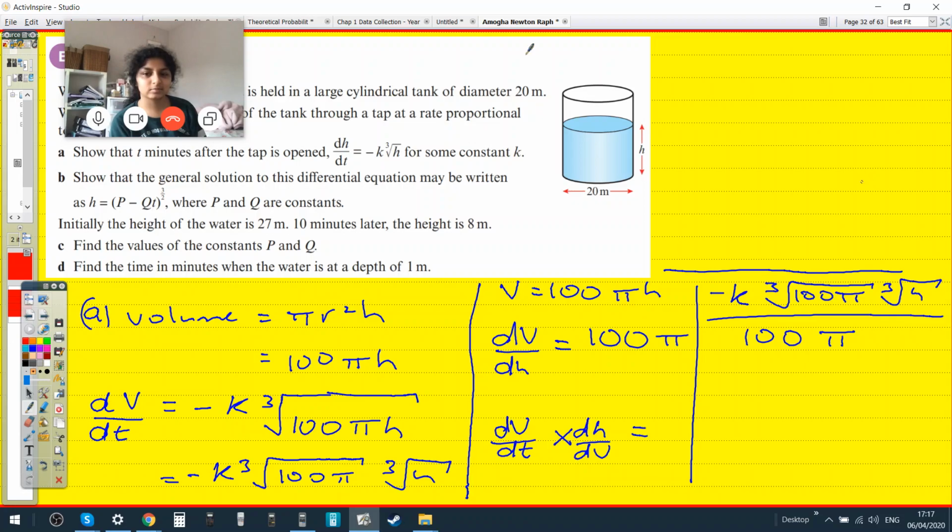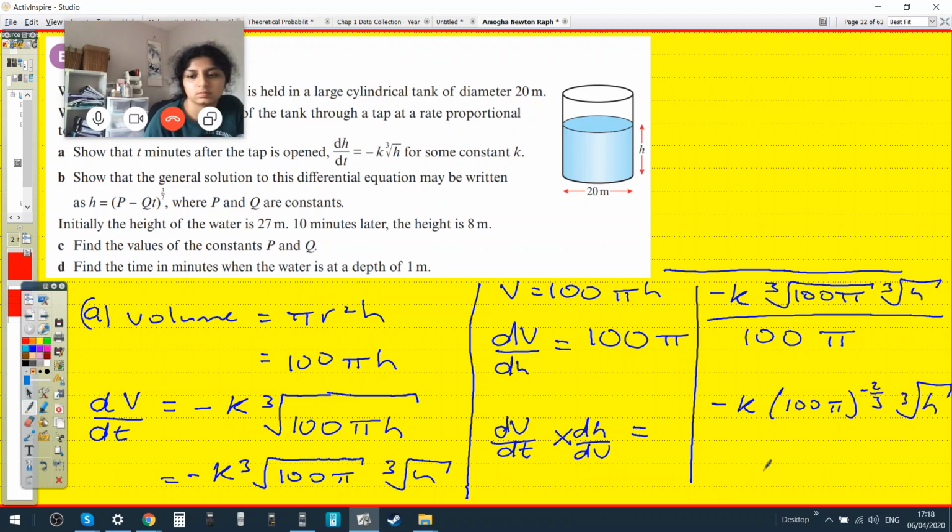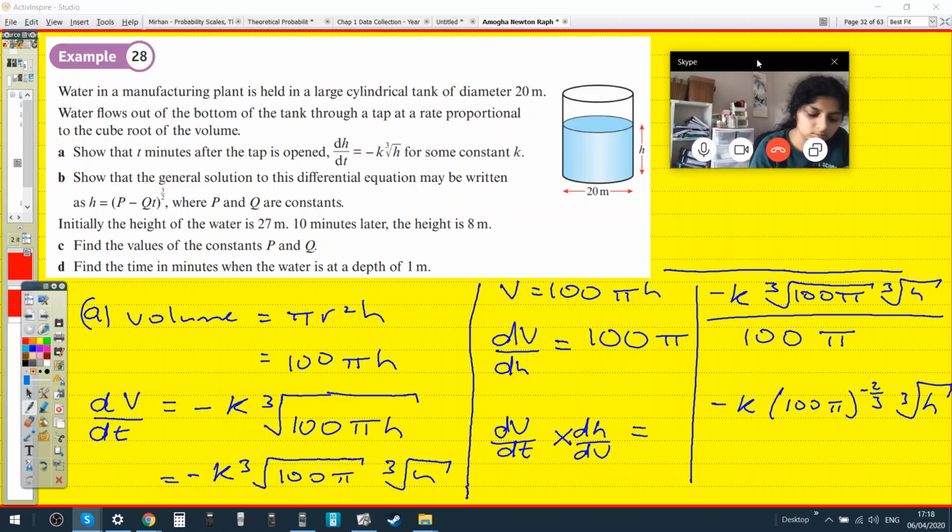You could do it with indices. That could be to the power of a third. That could be minus 1. So it'll be minus 2/3. But that's not helpful. Minus k, 100 pi to the minus 2/3. So that's the same as 1 over cube root squared. And then a third.